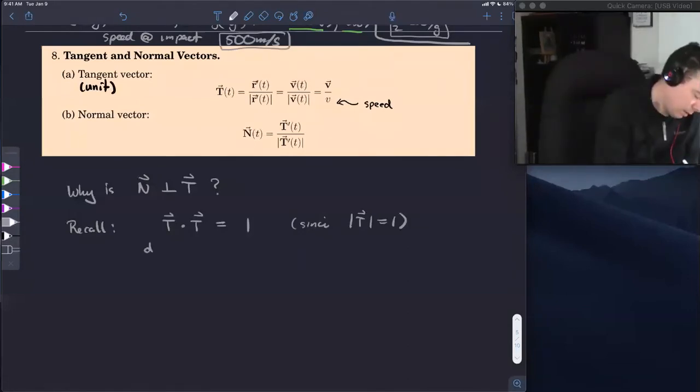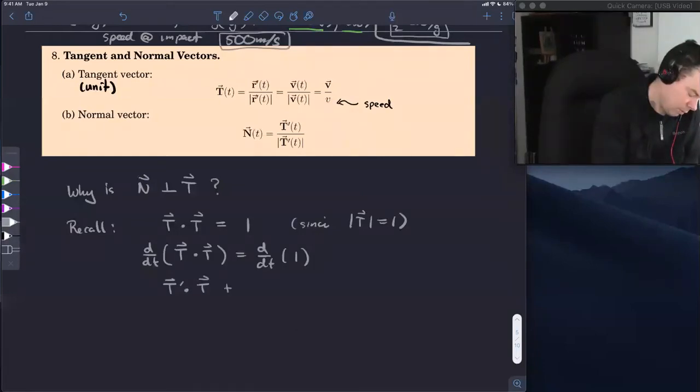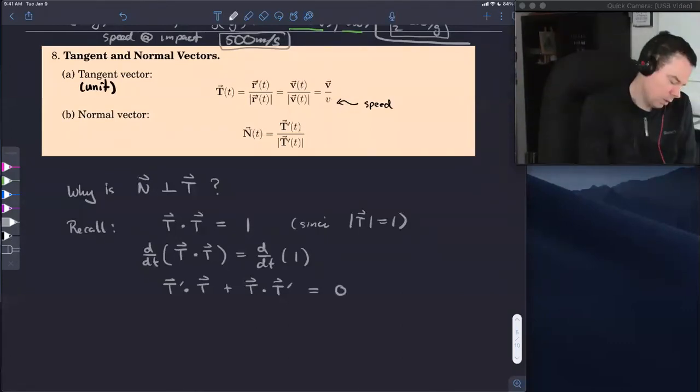So that means now we can differentiate this. These are functions of t. So when I differentiate, what I get is that this side becomes the derivative of the first dot the second plus the first dot the derivative of the second, is equal to the derivative of 1, which is 0.